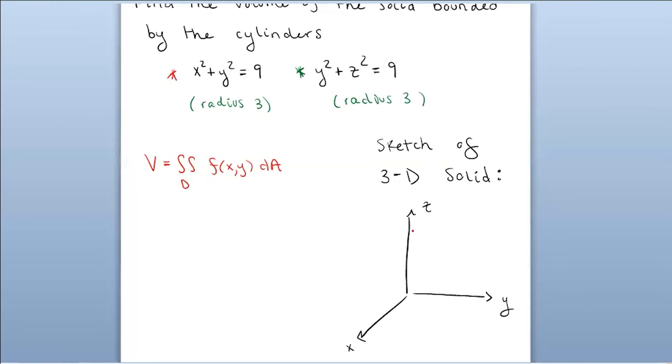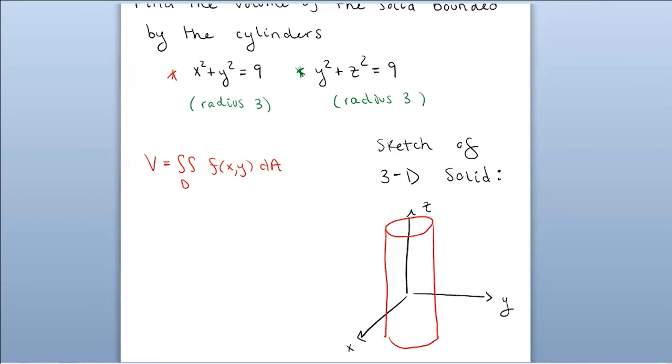I'm just going to draw a circle, and pretend this has radius 3. Now z in this equation isn't fixed, meaning z can be whatever. And so this circle gets extended down the z axis. When you're sketching a cylinder, whatever variable is missing is actually the axis that it's going to be centered at.